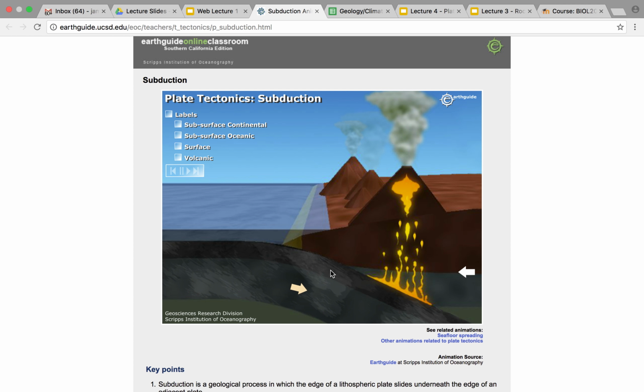But remember, this plate has water in it. And water, once it's introduced into this sort of warmer rock, actually promotes melting of that rock. And so in these subduction zones, you'll get melting of the rock, which will then produce volcanoes.